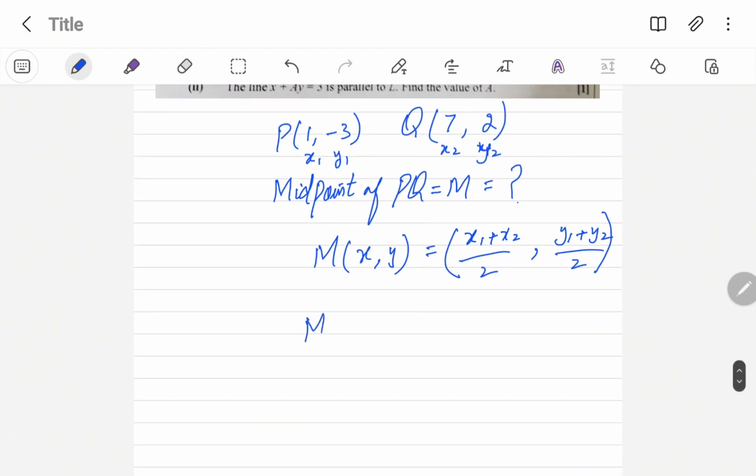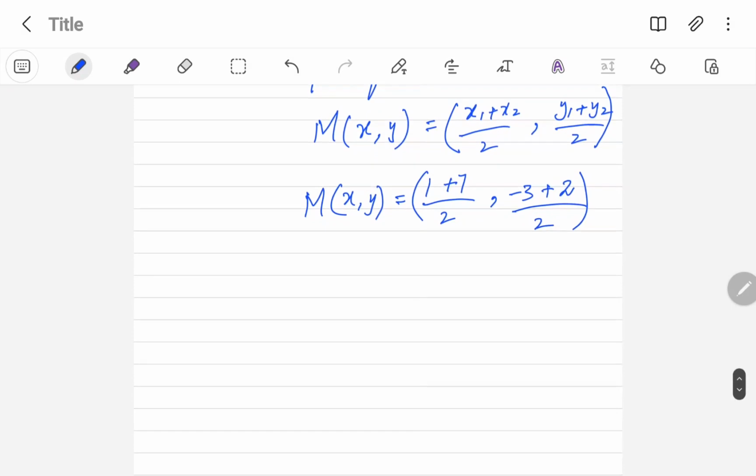Putting the values, x1 is 1 plus x2 is 7 whole divided by 2, comma, y1 is -3 plus y2 is 2 divided by 2.